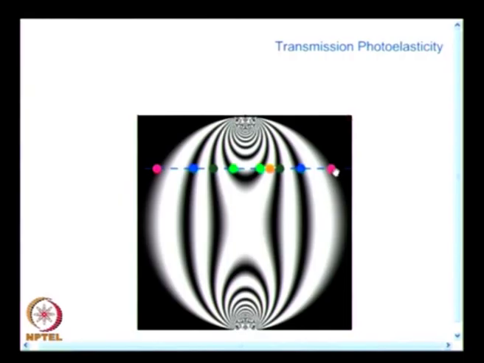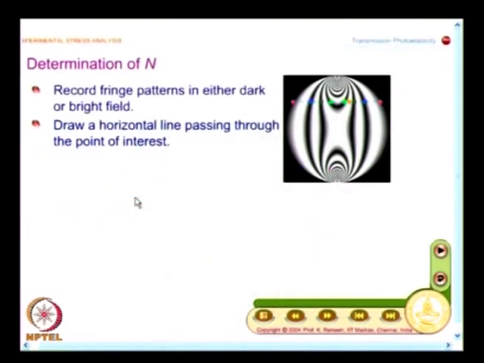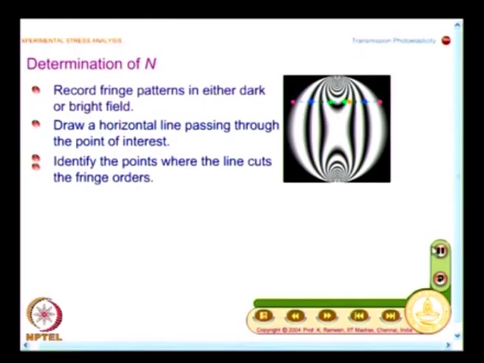So, I can count it as 0, 1, 2, 3, and now I want to find out fringe order at a point which is lying in between fringe order 2 and fringe order 3. So, what you need to do is you need to draw a graph and then identify what is the fringe order at the point of interest.